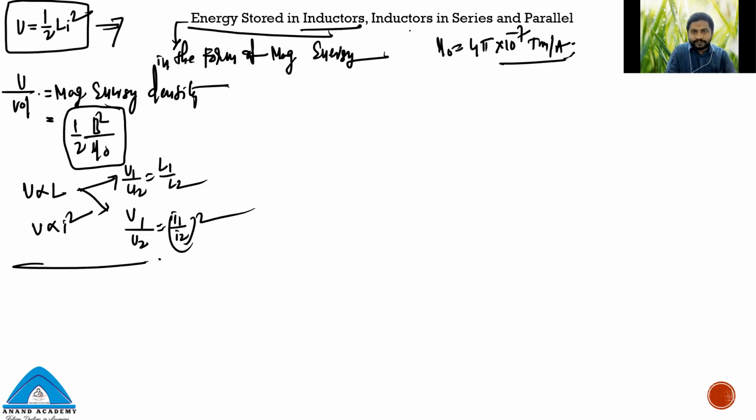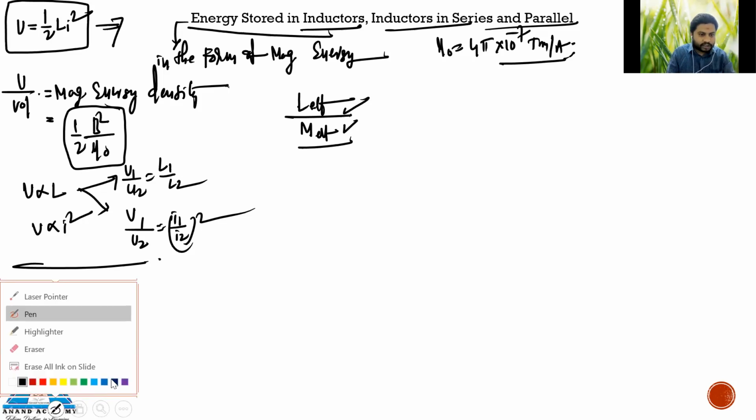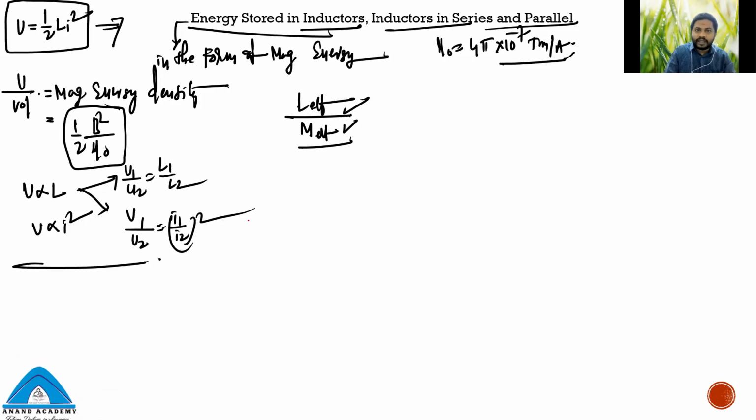The second one is when inductors are connected in series and parallel, what happens to the effective self-inductance L effective and the effective EMF? Let me take another pen here and listen.